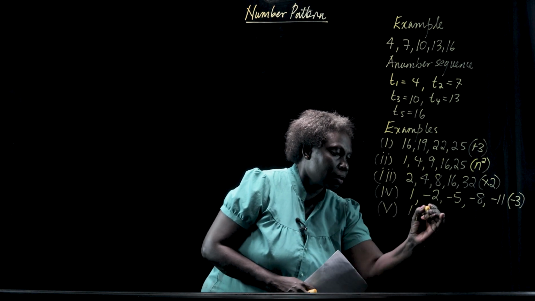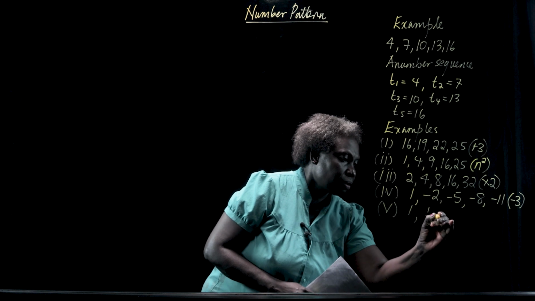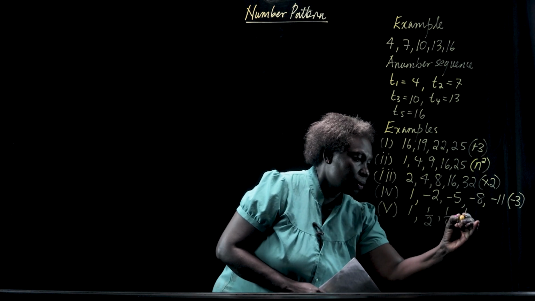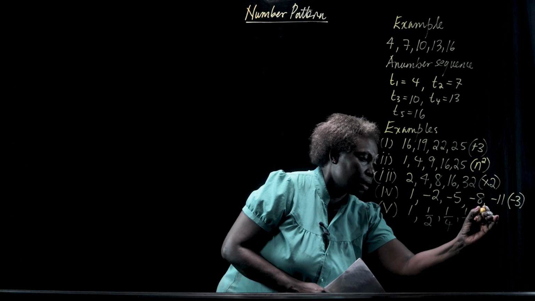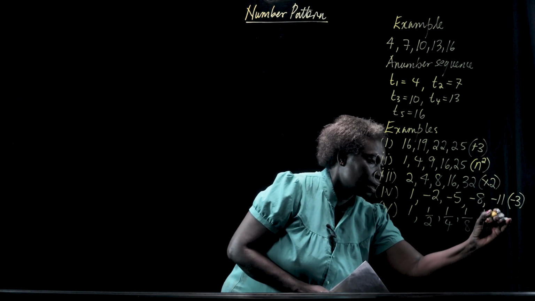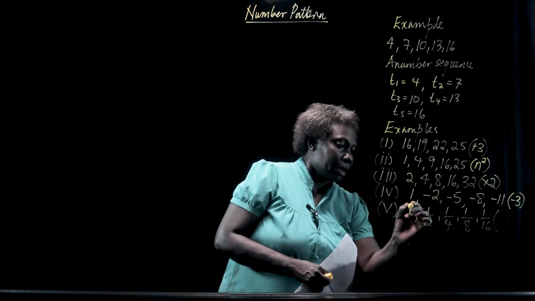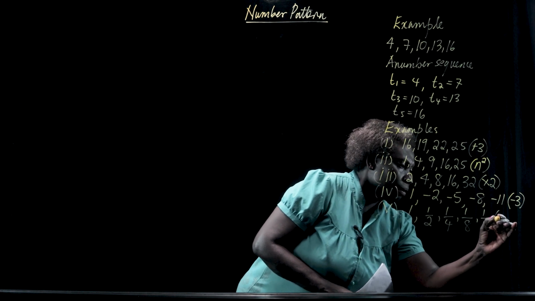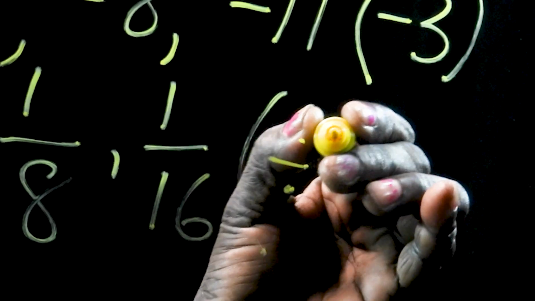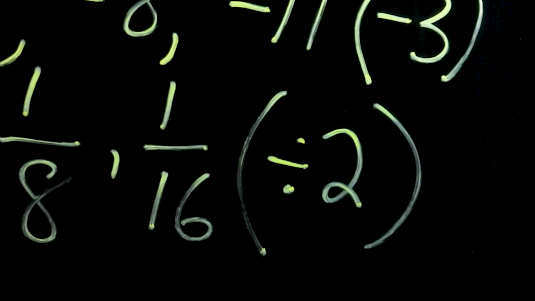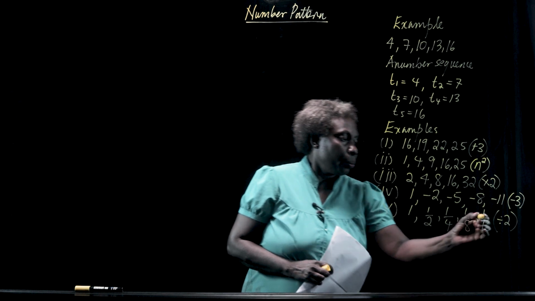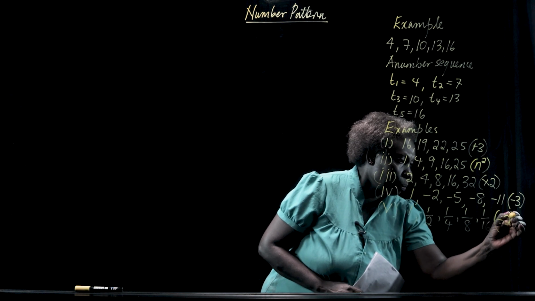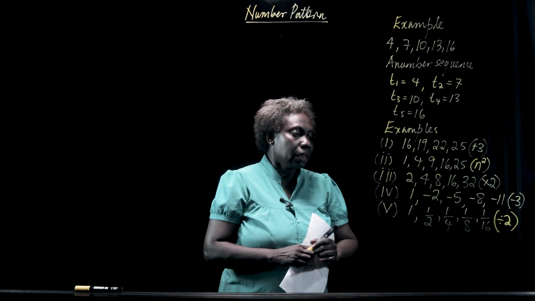We have 1, half, 1/4, 1/8, and 1/16. For this number sequence, each term is obtained by dividing the previous term by 2.